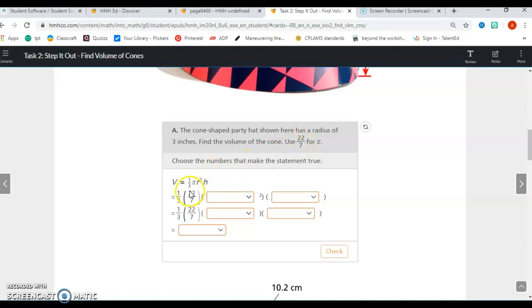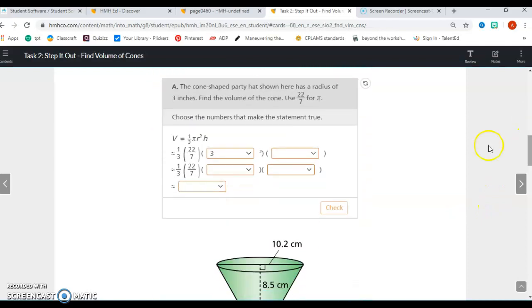So we have our formula, 1/3 pi radius squared times our height. It tells me that the radius is 3, and I know the height is 7. If I do my radius squared, 3 times 3, I get 9, and I'm still multiplying by my height, 7.